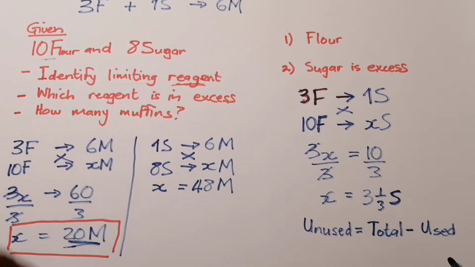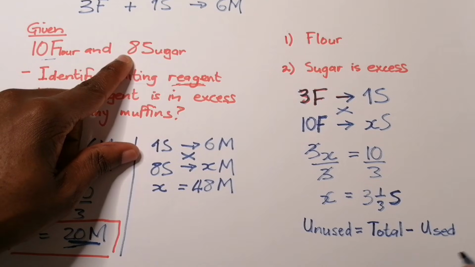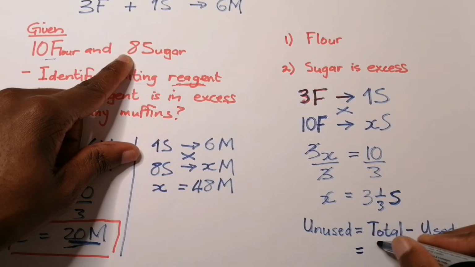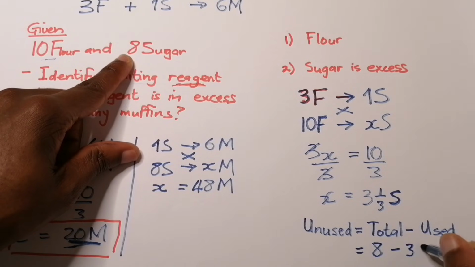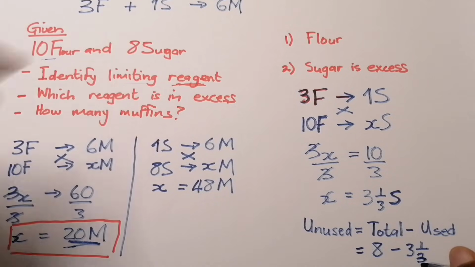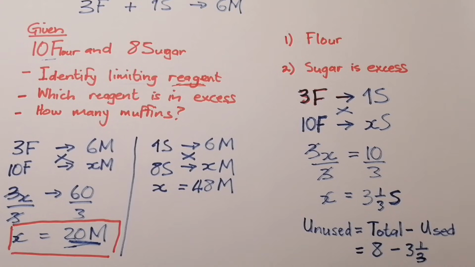And how much sugar did we have? We had 8 cups. So the total amount was 8, but how many am I going to use? I'm going to use 3 1/3 of a cup. This can be written as 3.33.